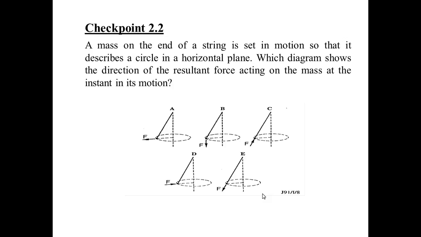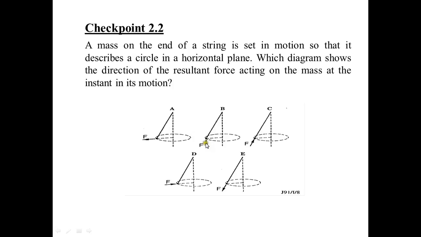One way to do it is to draw a free body diagram and then deduce the direction of the resultant force. Or a shorter method would be, we know that the resultant force in this case is a centripetal force, which is always directed towards the center of the circle. So we take a look at the choices. This centripetal force is not directed towards the center of the circle.